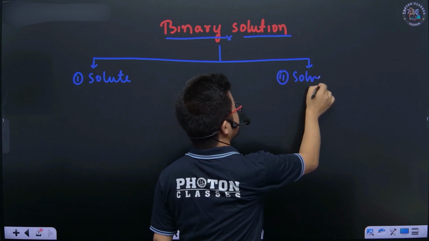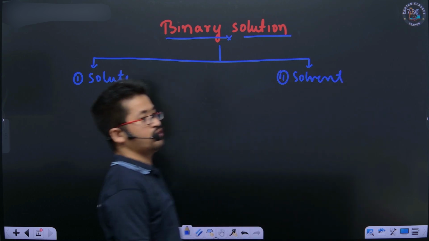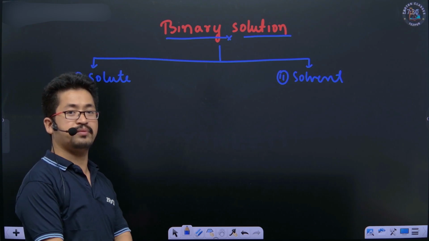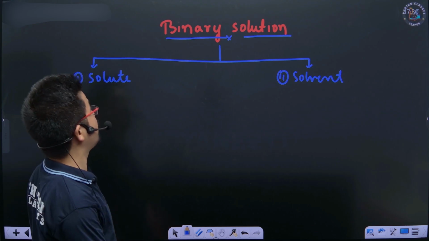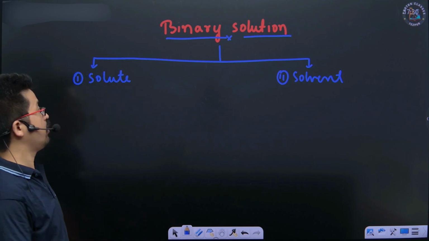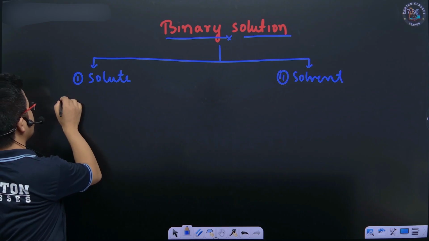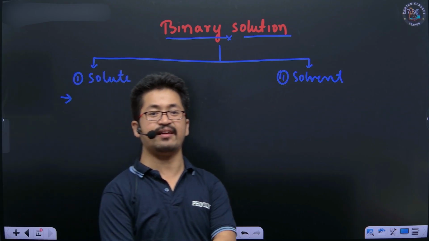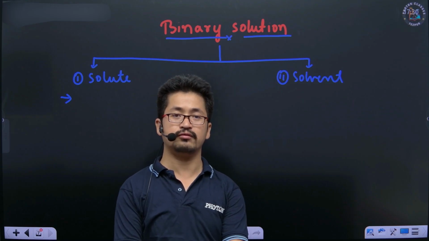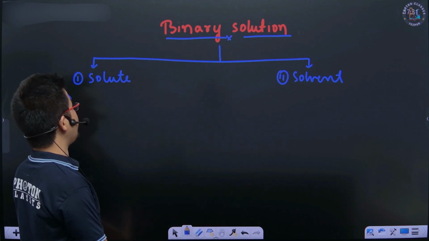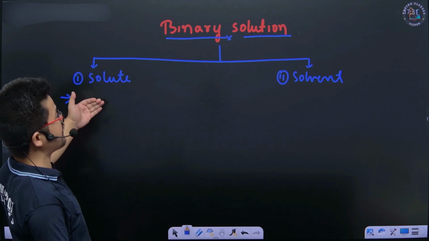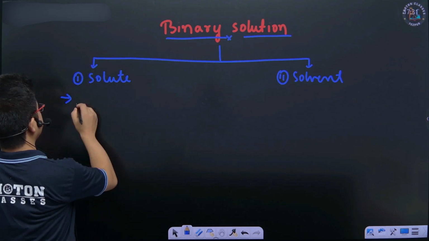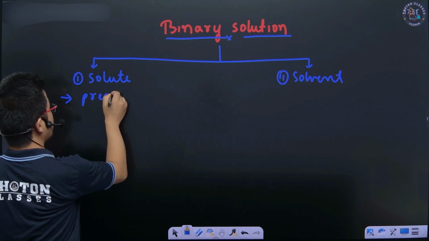Now the question is, which one will be called the solute and which one will be called the solvent of the 2 components present in the binary solution? The component of the binary solution which is present in lesser amount will be called the solute.